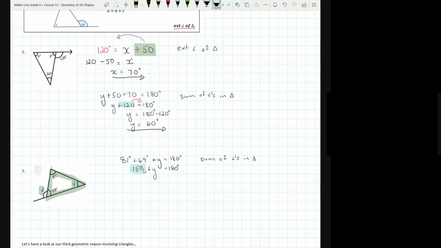Then, ma'am, I transpose my 150, which is going to be y is equal to 180 minus 150. Mm-hmm. Then, ma'am, my next step is y is equal to 30 degrees. 100%. Thank you for that one, Itandile. It's my pleasure, ma'am.